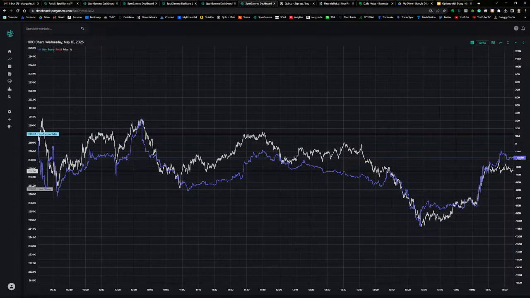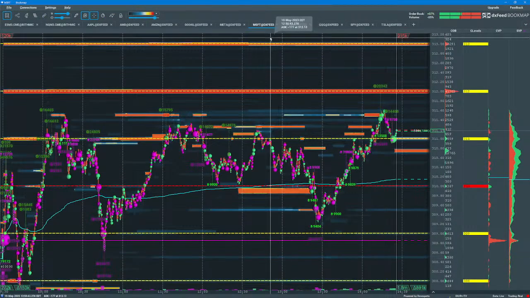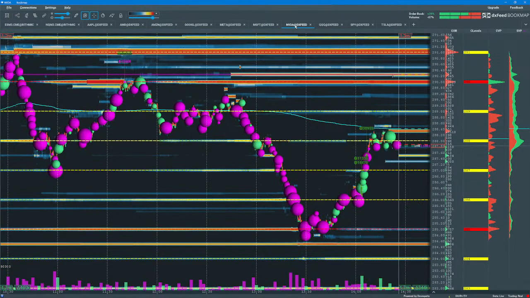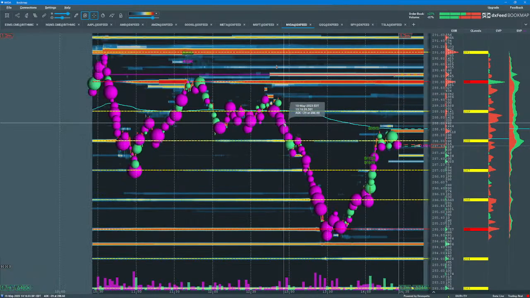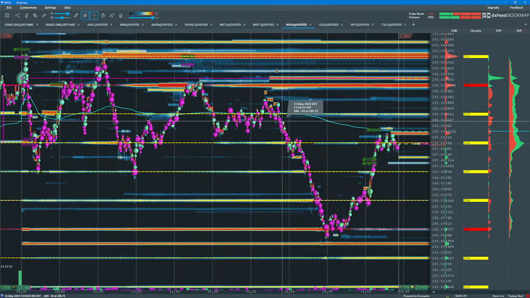Let's go take a look at Bookmap for NVIDIA. So NVIDIA mainly short trades today were what was paying off.